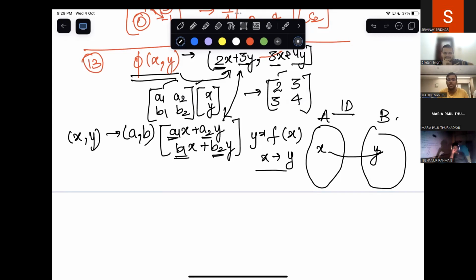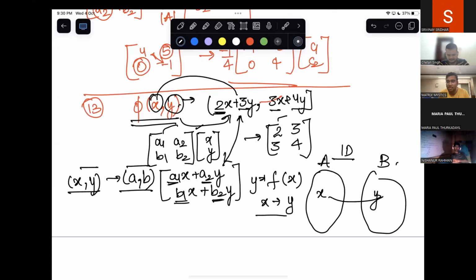A matrix maps two dimensions to two dimensions, but it doesn't define its boundaries at two dimensions. It can also proceed further, but the most basic example is x comma y to a comma b. As we see, x changes to this, y changes to this, by some multiplication, some addition. That's it. There's nothing else. Hope I have answered. Yeah, understood.